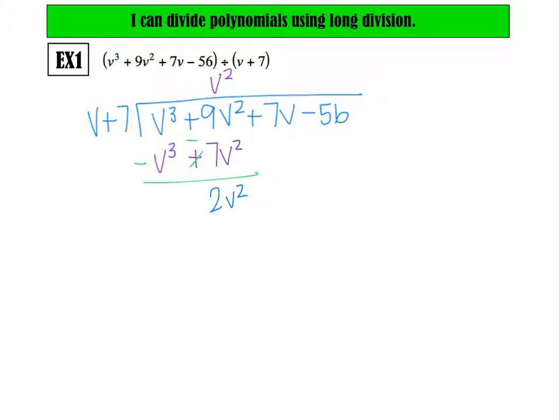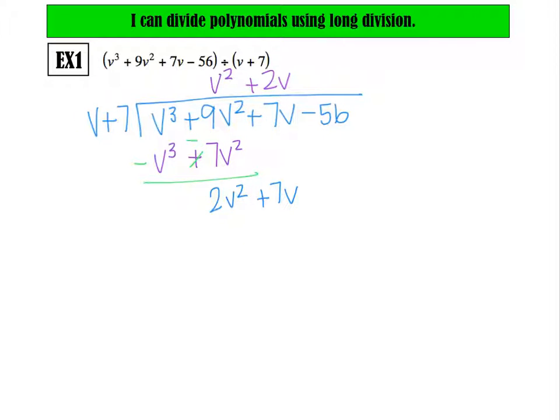Alright, and then I'm going to bring down, just like we did in long division, that plus 7v. So now, again, I'm going to look at, what do I need to multiply v by to make it look like 2v squared? So that's going to be a positive 2v.